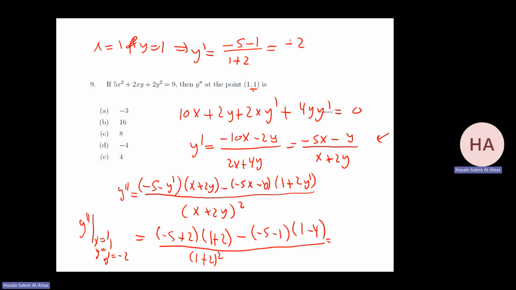What will be that? Minus 3 times 3, that will be 9. This is minus 6 times minus 3, minus 18. Yeah, this is minus 6. This is minus 3. This is 18 times minus, that's minus 18, over 9. Yeah, there is a mistake somewhere.